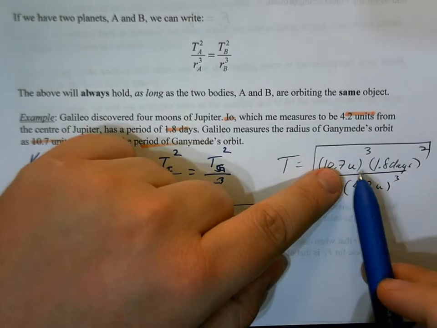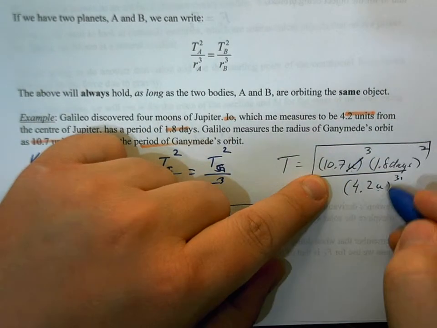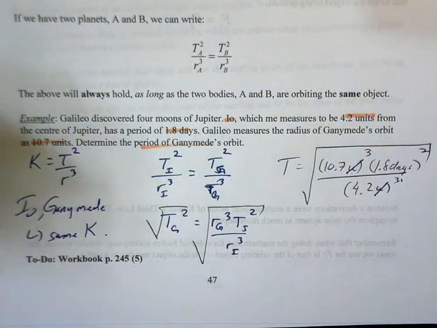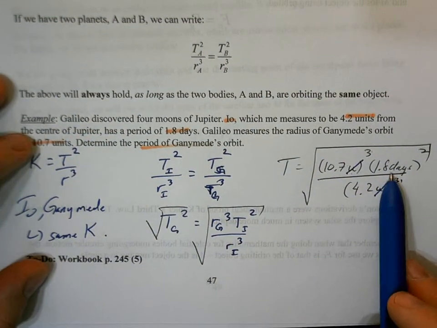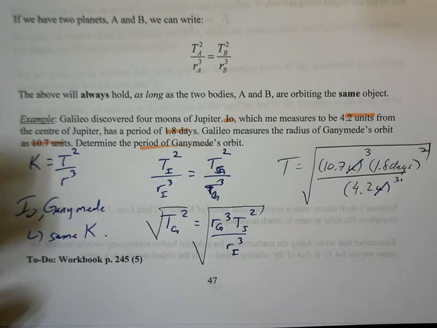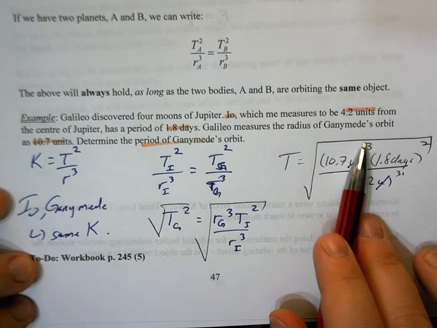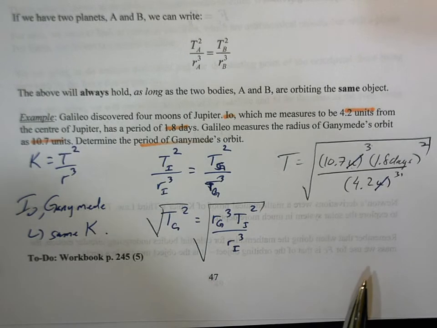I have units cubed up top and units cubed on the bottom, so the units cancel out. Then I have days squared, but days squared under a square root gives us days back. So our final answer is going to be in days, which is what we would like. Be really careful: don't forget your cubes and squares, and don't forget to square root the whole thing.